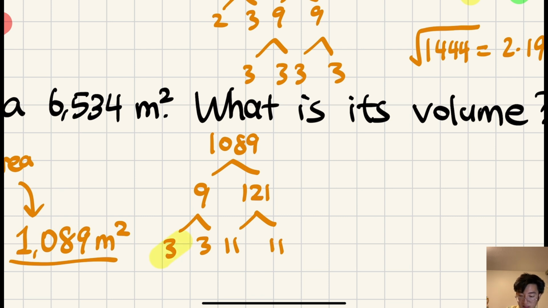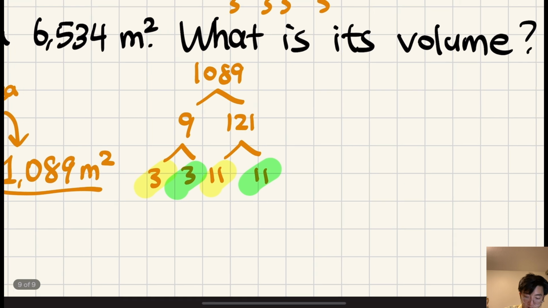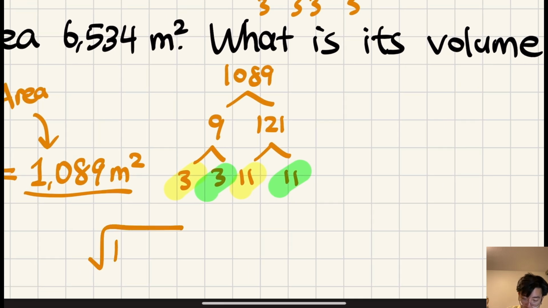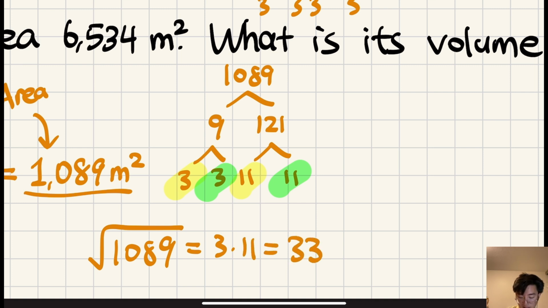Luckily, right here, we can group them into 2. So the square root of 1,089 is 3 times 11, giving us 33. So 33 is the length of this cube.